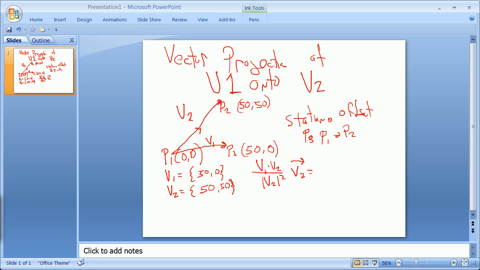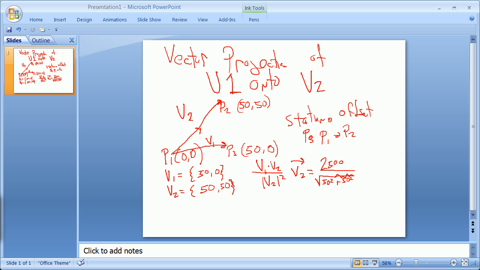And that, of course, equals, and we stack these up, 50 times 50 plus 0 times 50 is 2,500. And the mistake I made in class was that, in fact, this is the square of the distance formula. And this distance formula, of course, is the square root of the change in x squared plus the change in y squared.